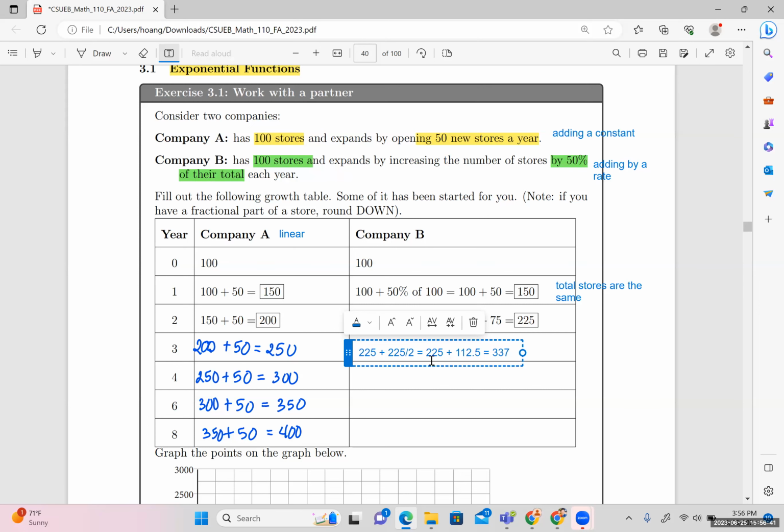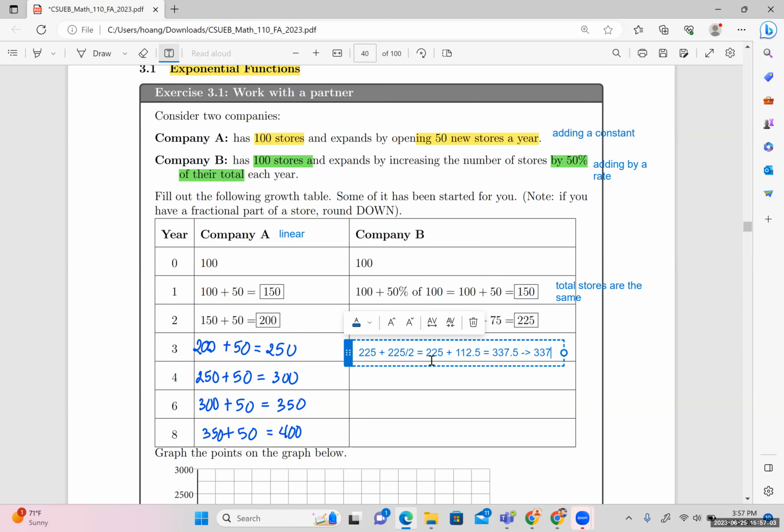But since it is a number of stores, we're gonna make it a round number and say it as just 337 only.